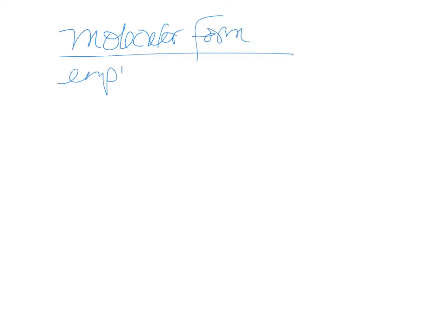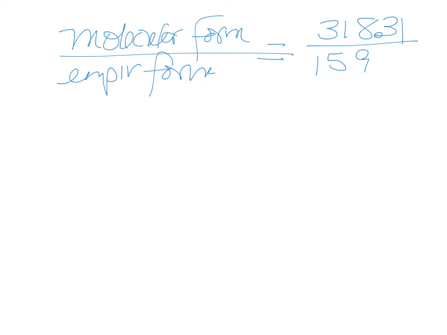So the molar mass of the molecular formula divided by the molar mass of the empirical formula, so that would be, let's see, 318.31 grams per mole divided by, what did we find? 159.06 grams per mole. And you get that that ratio is 2.